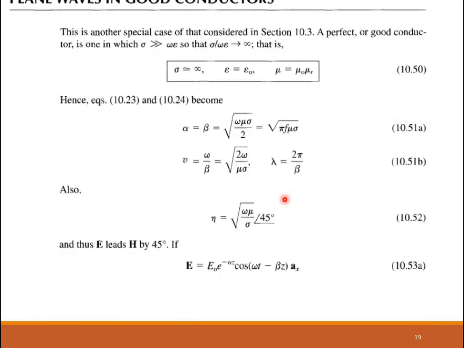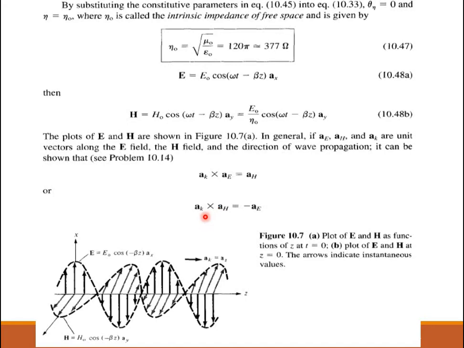So the generalized form was actually this. AK stands for the wave propagation, AE stands for the direction of the electric field, and AH stands for the direction of the magnetic field. So wave propagation cross electric field gives you AH, AK cross AH gives you minus AE.